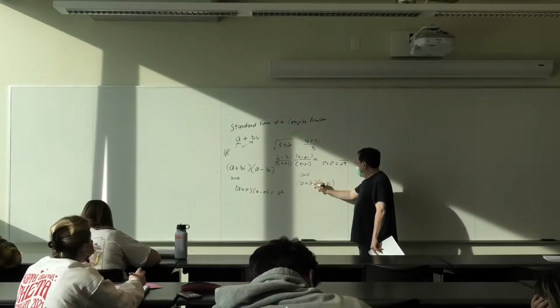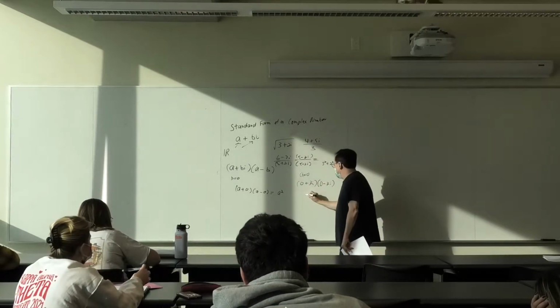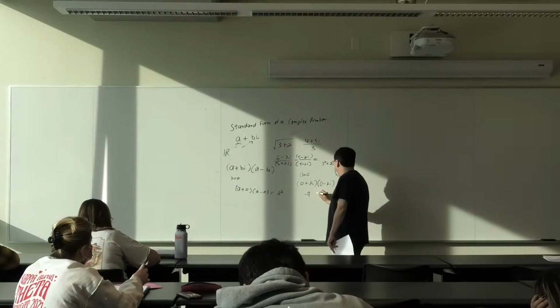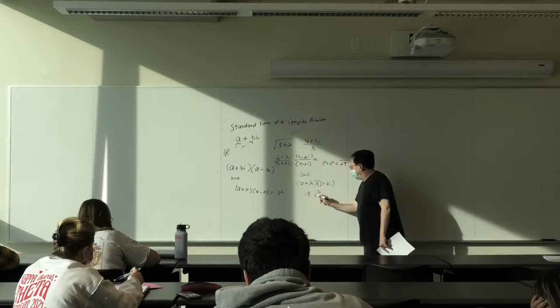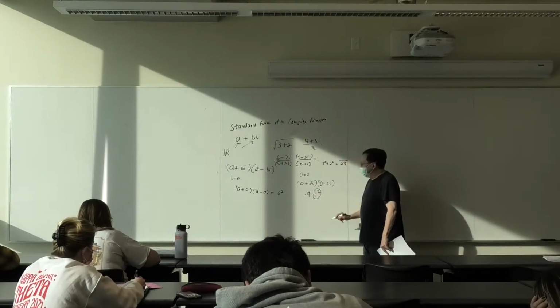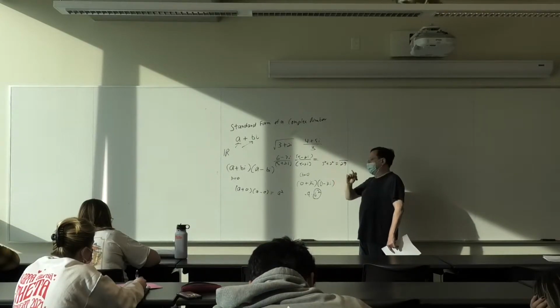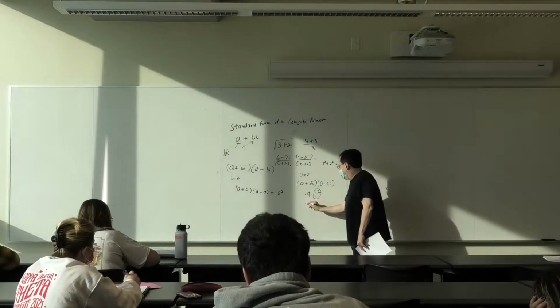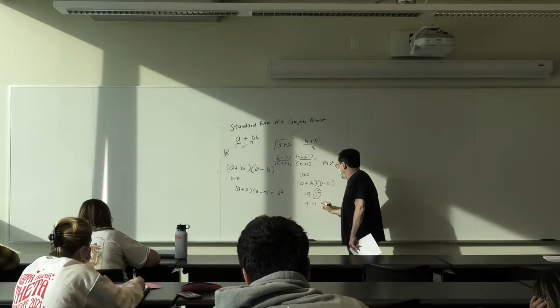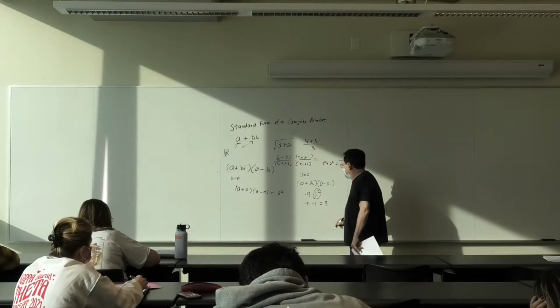So minus 9 times i squared. Well, remember i is the square root of negative 1. i squared is always minus 1. So minus 9 times minus 1 is 9.